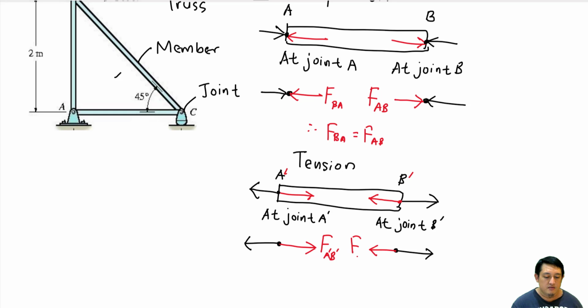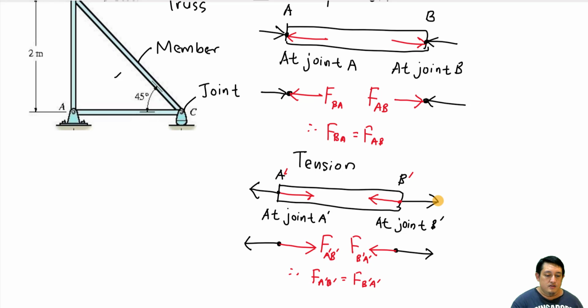So F B prime A prime, like this. As mentioned earlier, F A prime B prime and F B prime A prime have the same magnitude. So F A prime B prime is equal to F B prime A prime.